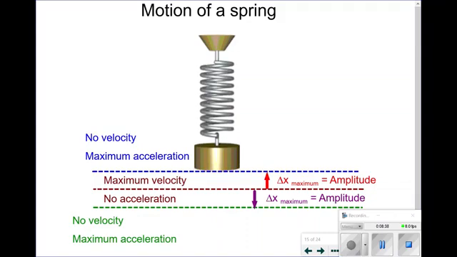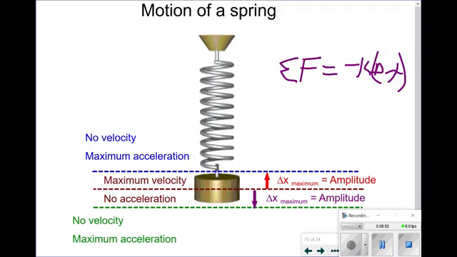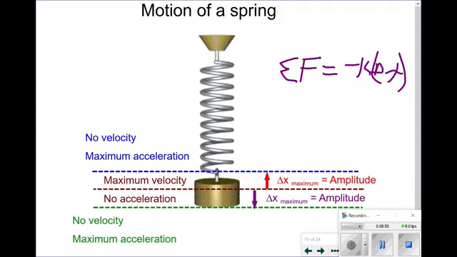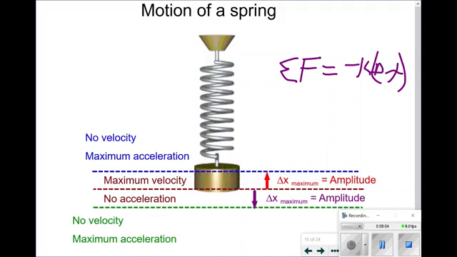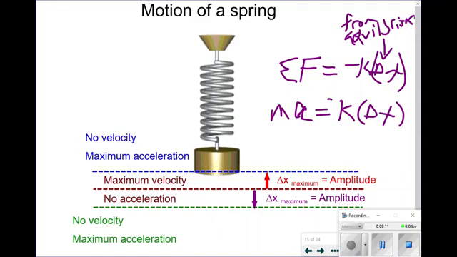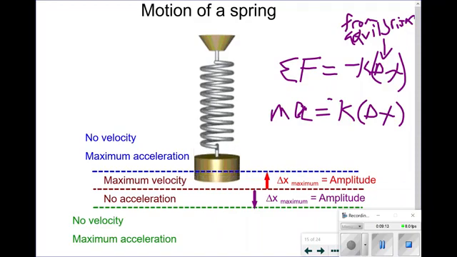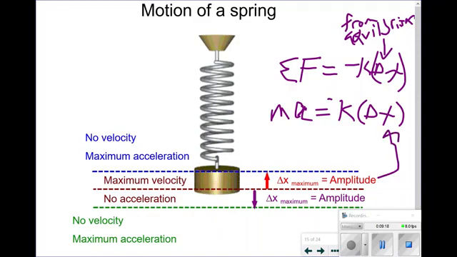This acceleration not only changes in direction, but it's constantly changing in magnitude. The net force of the system is in fact equal to the negative spring constant times the displacement from equilibrium. This means that my mass times acceleration is equal to negative k delta x, again where delta x is being measured from equilibrium.